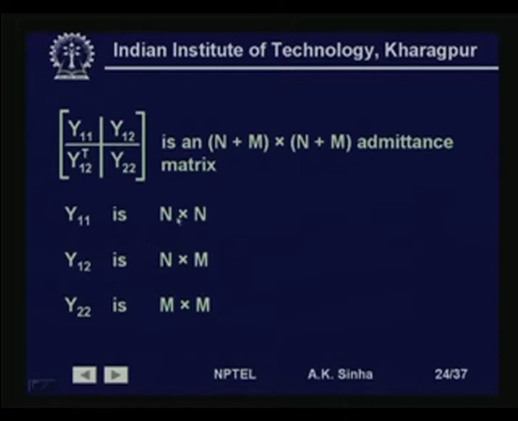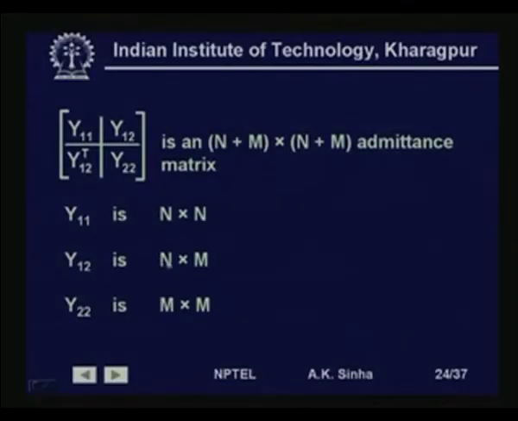Y11 is an n by n Y bus matrix of the network, which has been modified by converting the loads into shunt admittances and adding these admittances to the diagonal elements of the Y bus. Y12 is an n by m matrix, Y22 is an m by m matrix.